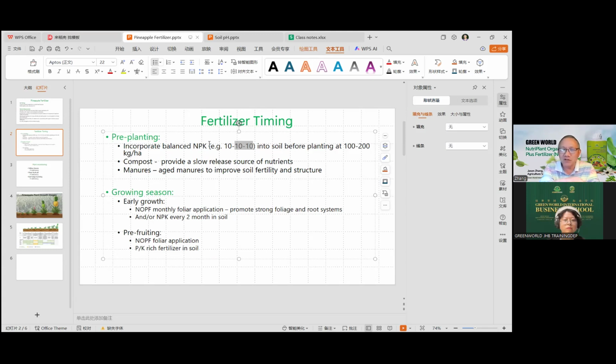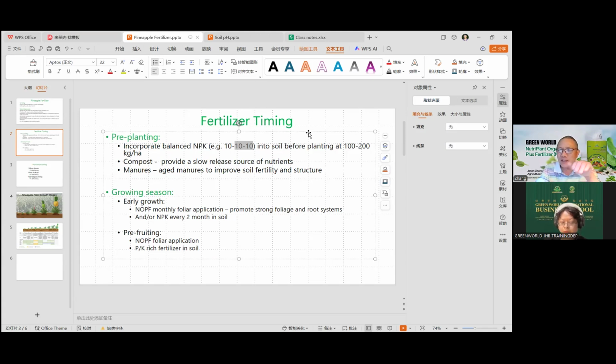Manure, you can harvest the manure, but you shouldn't put fresh plant material or fresh manure into the soil. That has a lot of issues. One issue is weeds. For compost and manures, animals eat all kinds of stuff.